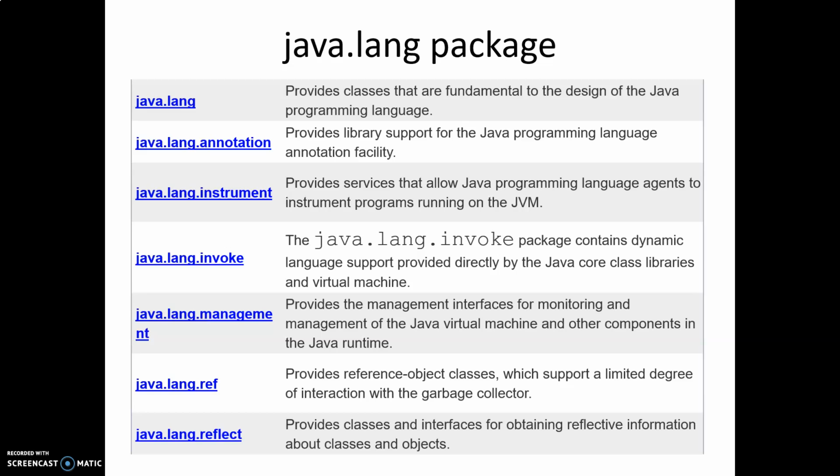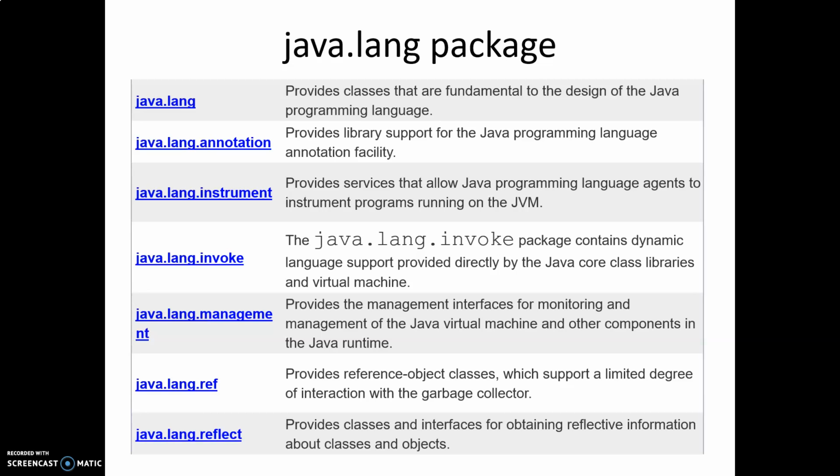The next we have is java.lang.management. It contains interfaces for monitoring and management of the Java virtual machine and some other Java runtime environment components. The next we have ref, and this ref works with the reference object classes. So whenever our Java is making use of the reference objects, then we go for java.lang.ref.